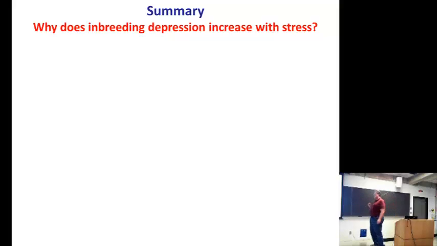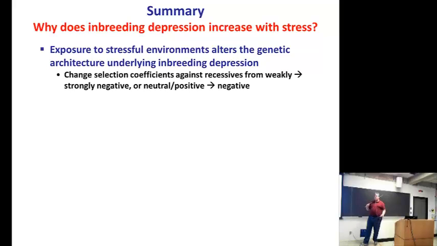Okay, so why does inbreeding depression increase with stress? There are many hypotheses proposed in the literature. They're not alternative hypotheses; they often come from very different perspectives. For example, there's a population genetic hypothesis that exposure to stressful environments alters the genetic architecture underlying inbreeding depression.